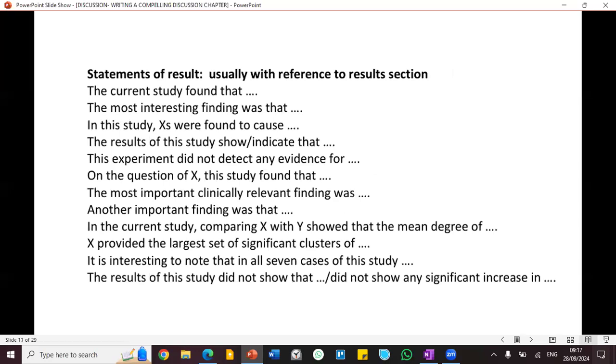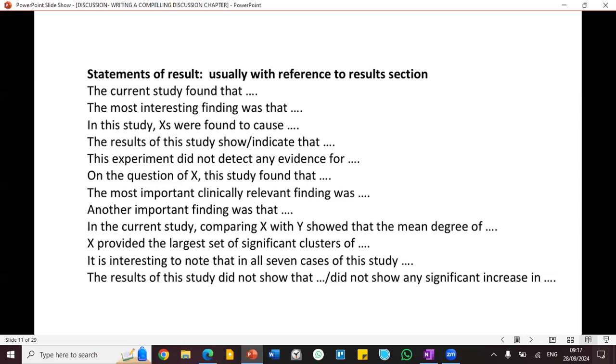Let's assume now you want to discuss your chapter, one of the objectives that has the results. You want to discuss those results. You can use terms such as, "In this study, X was found to cause," I'm using phrase number 3 there.